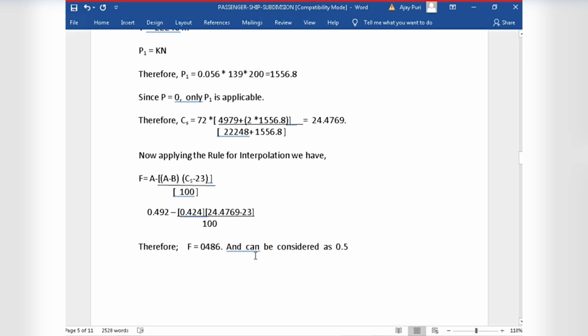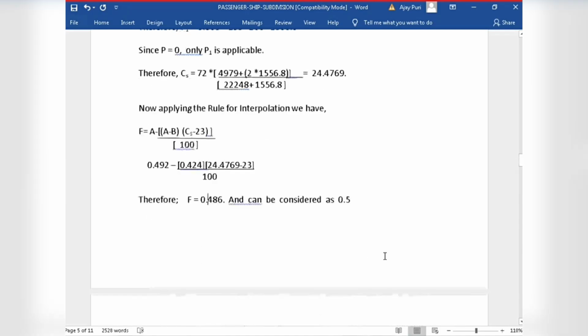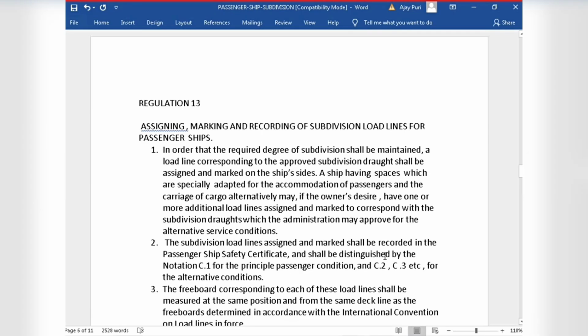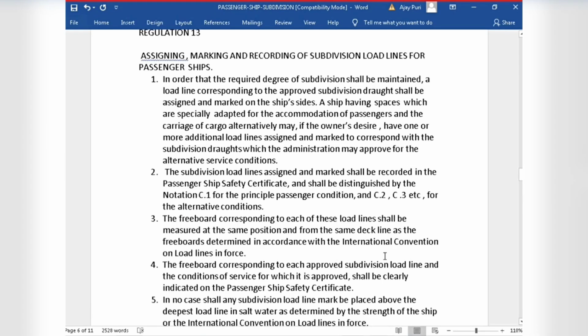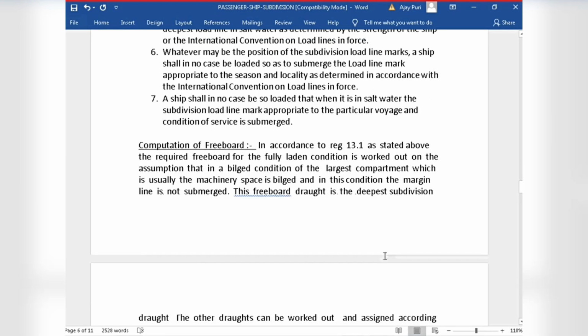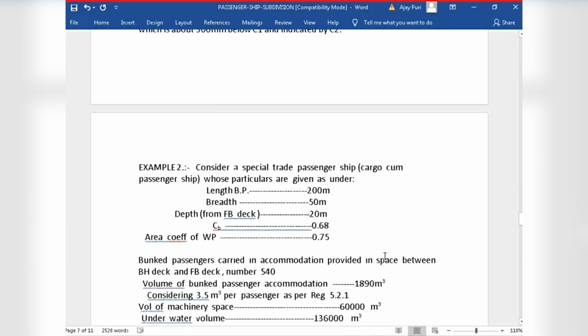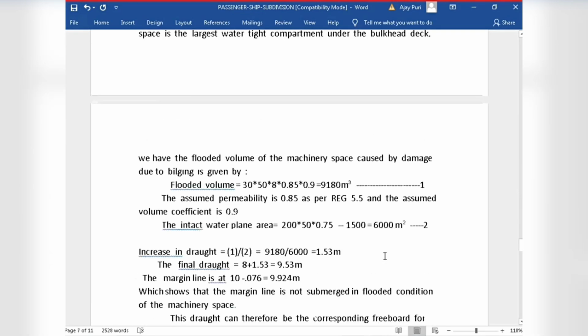That will be 0.486, which will be considered as 0.5. There you get the F factor here. Now, how you assign the freeboard here, we'll do that also with examples.